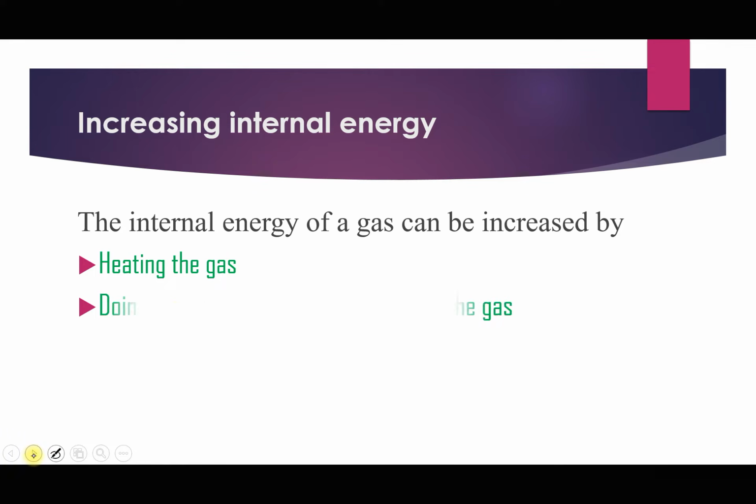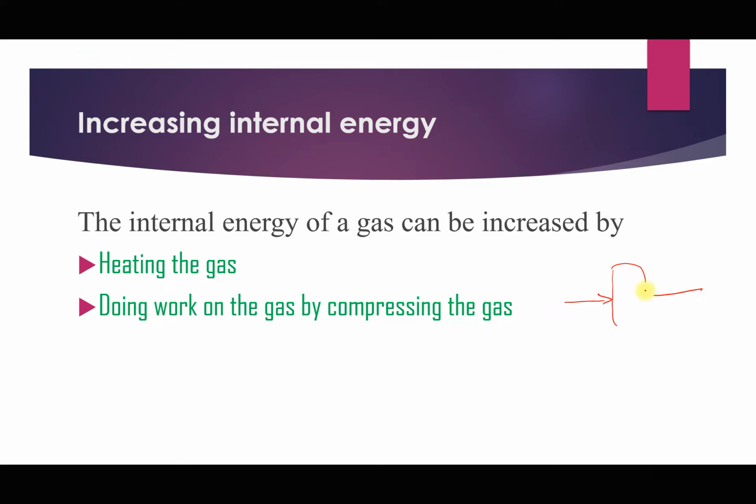Number two, we can increase the internal energy by doing work on the gas, especially by compressing. Imagine a gas is compressed into a small volume. That is, the volume decreases. Remember from the ideal gas equation, we saw that PV is equal to nRT.